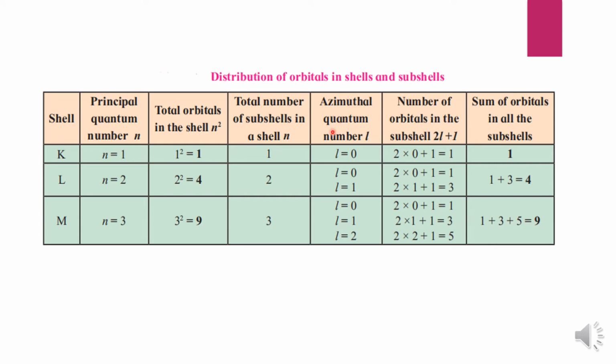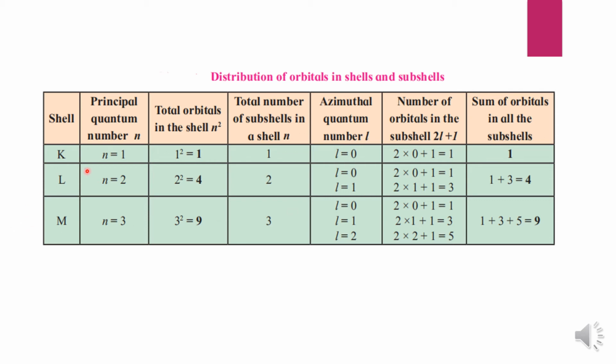Azimuthal quantum number is calculated by the formula 0 to n minus 1. The value of n here is 1, so L is equal to 0. The total number of orbitals is calculated by the formula 2L plus 1. So we get 1 orbital in the subshell, and the sum of all the orbitals is 1 for the K shell.